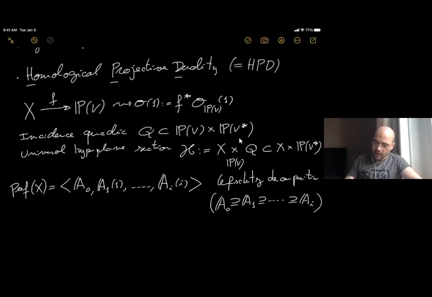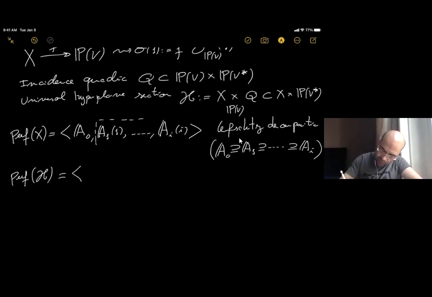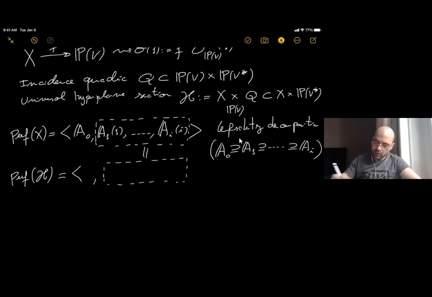Okay. And now if you are in this situation, then we can say something about the perfect complexes of this hyperplane section. That's what I'm interested in. So this piece exists also here, but H, calligraphic H, is on X cross the dual projective space.